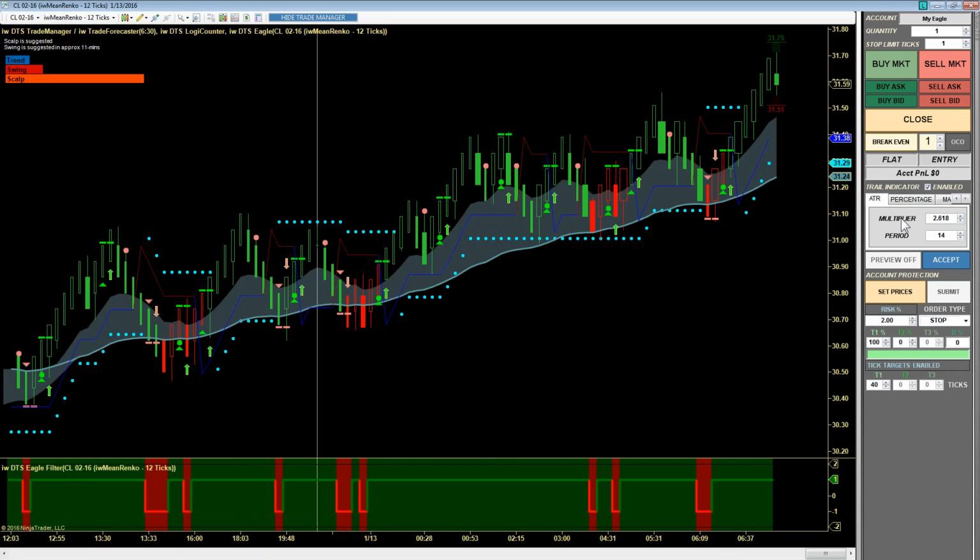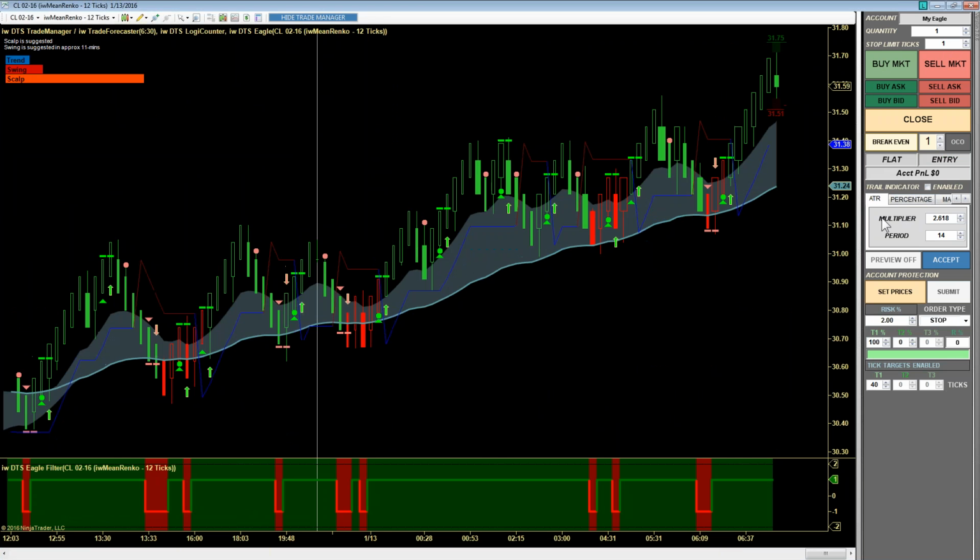Here's crude oil now on the Eagle. And on the Eagle, we use this band that runs through here as our directional bias. So right now the band is bullish, with the soft edge above the hard edge. That's what we call this part down here. And it looks like shortly out of the open this morning, crude oil gave us a hard edge bounce, a red bar buy. So the bars are red, but we got a buy signal off of a hard edge bounce.